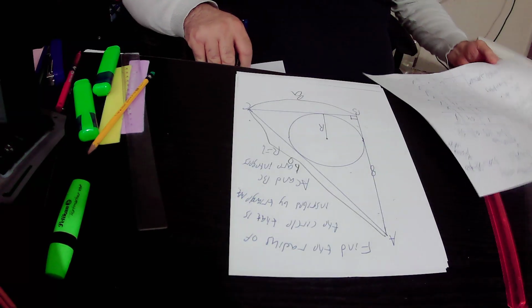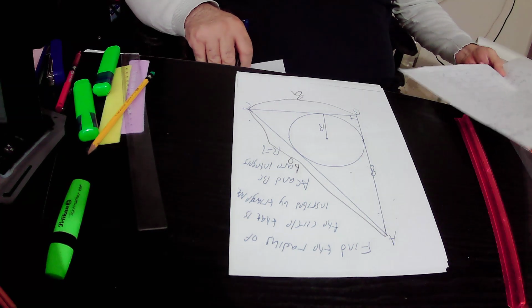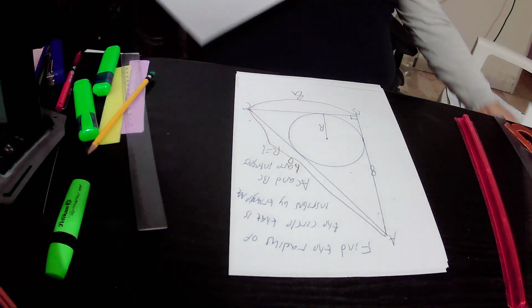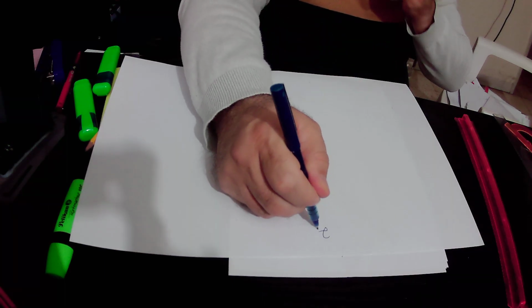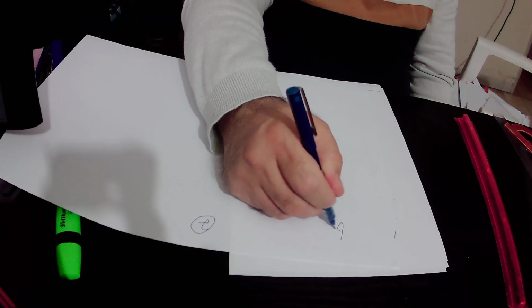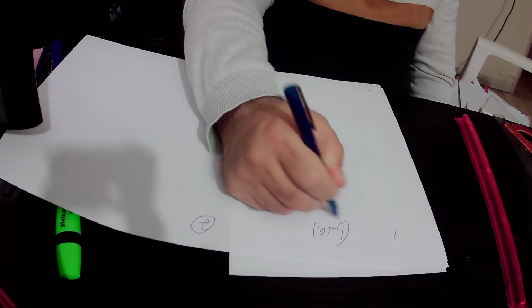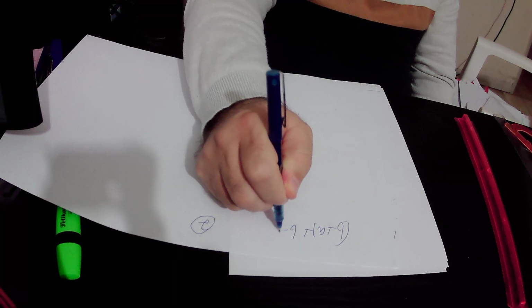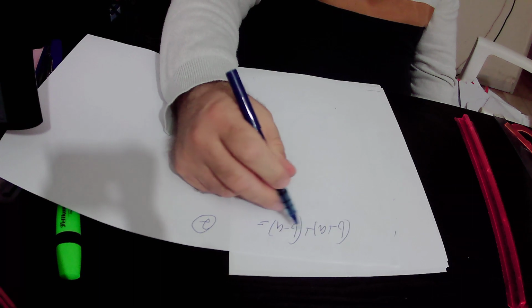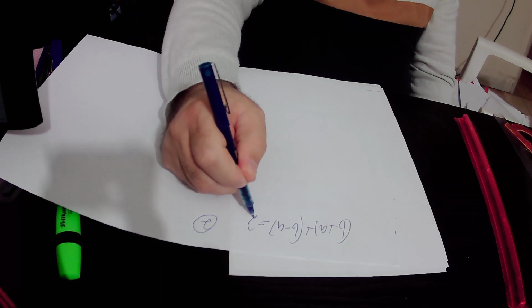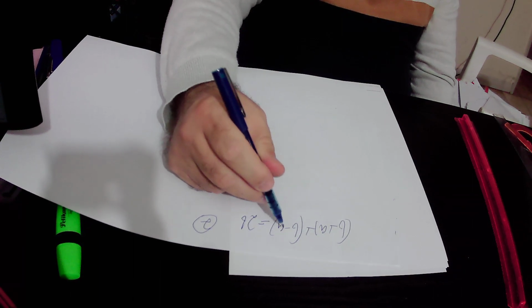What is b plus a plus b minus a? Here, when we add the two numbers together, b plus a to b minus a, b plus b is 2b, and a minus a is 0.